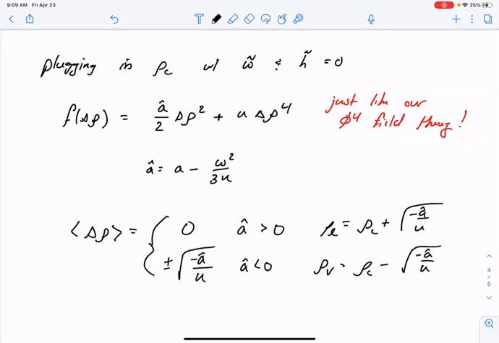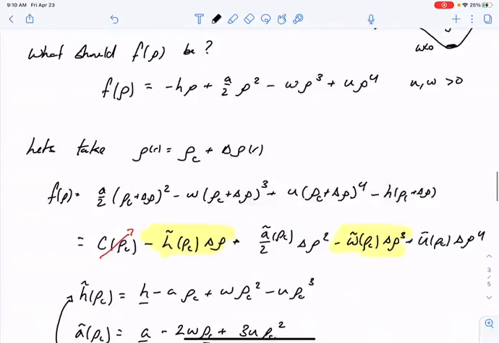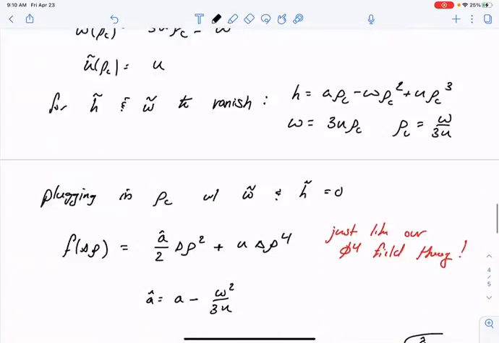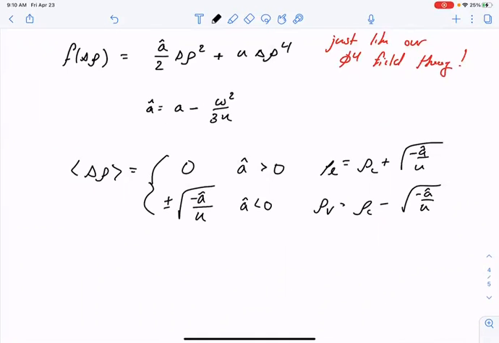So if we wanted to parameterize this coexistence curve, for example, we might expand A hat as a function of the temperature. And that would predict a coexistence curve of the form of a square root of the temperature deviated away from its critical point, like T less Tc to the 1/2.